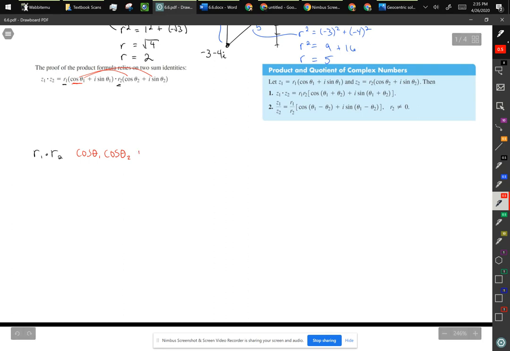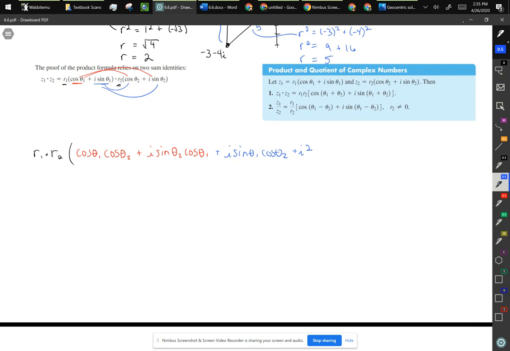So I'm actually going to write it like this, plus I sine theta 2 cosine theta 1. So that's just multiplying it out. Let's multiply this over to each one of those. And so if I have I sine theta 1 cosine theta 2, that's going to be plus I sine theta 1 times cosine theta 2, and then plus I squared sine theta 1 sine theta 2.